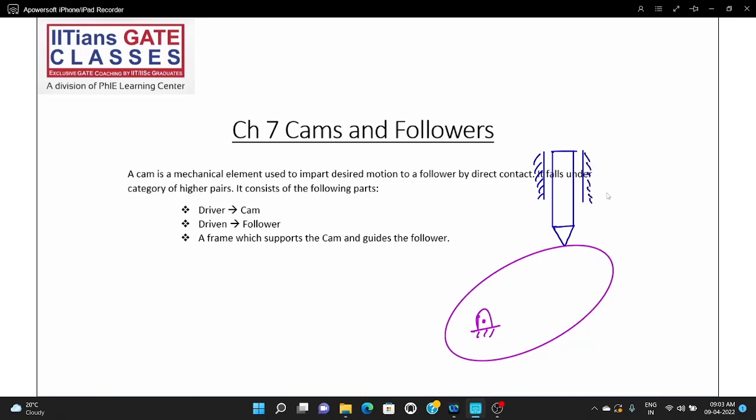There's something like this. So this is the follower, and this is the cam. So the cam is going to rotate. It could be clockwise, it could be anti-clockwise, as per requirement. So this is the profile of the cam, right?